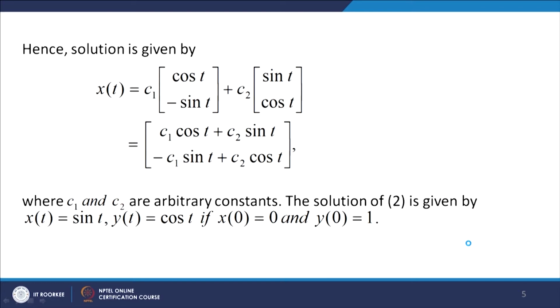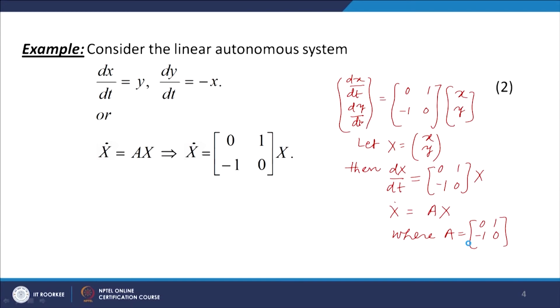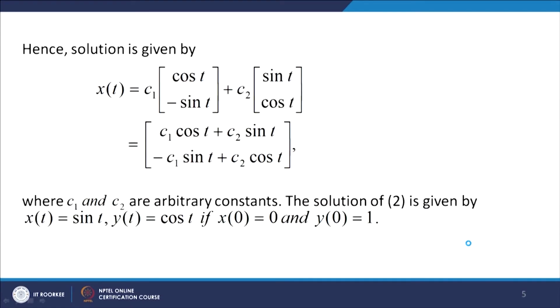The solution is given by x(t) = C1 (cos t, -sin t) + C2 (sin t, cos t), or we can write it as x = C1 cos t + C2 sin t and y = -C1 sin t + C2 cos t. Here C1 and C2 are arbitrary constants.